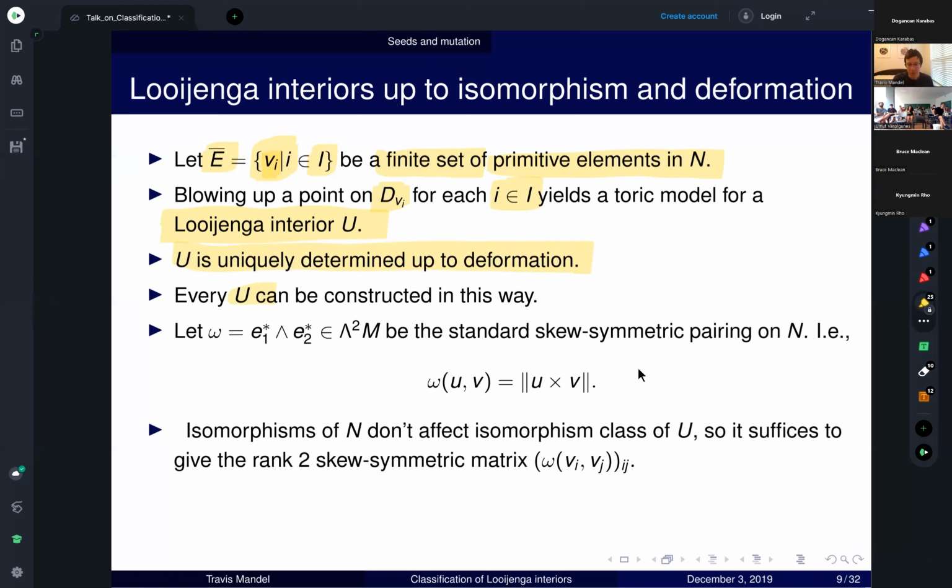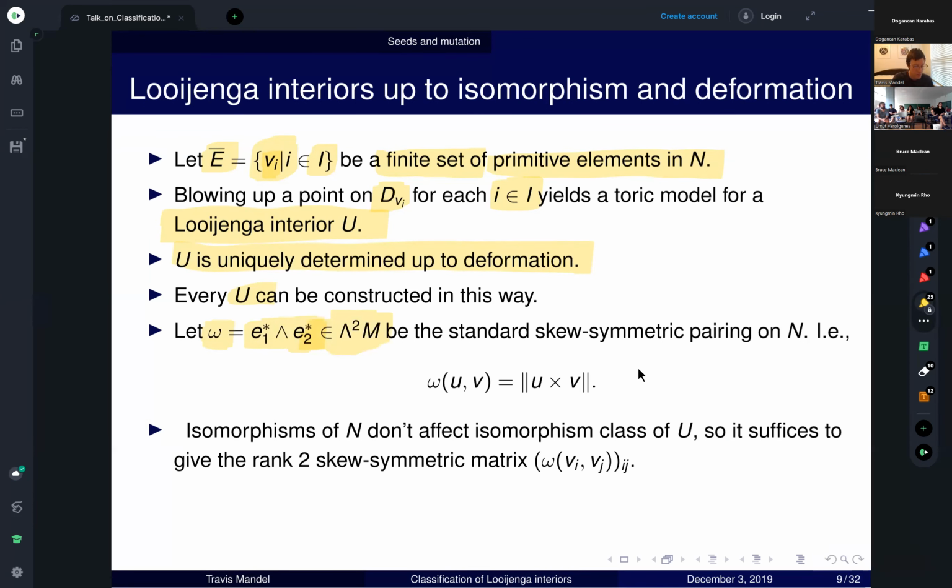Now, up to isomorphism, we actually don't quite need this much data. We can get away with even less. Let omega be the standard skew-symmetric pairing on the lattice N. So if we choose a basis, we can let e1 dual wedge e2 dual be this element in the exterior algebra of the dual.